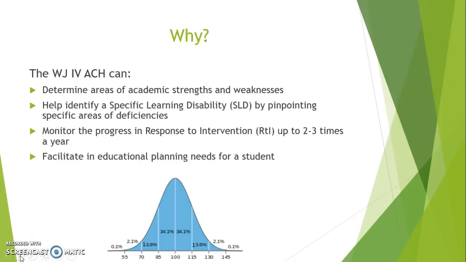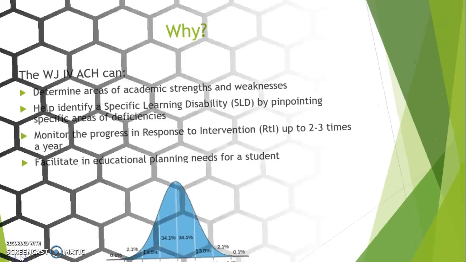We can use this test to monitor progress in our response to intervention program. We can use the different forms, and we can use this test 2 to 3 times a year and look at the results and evaluate how the student is progressing. We can also facilitate educational planning needs for a student.